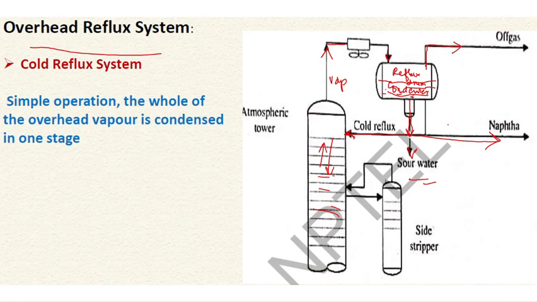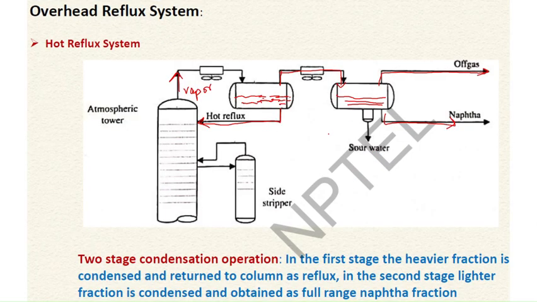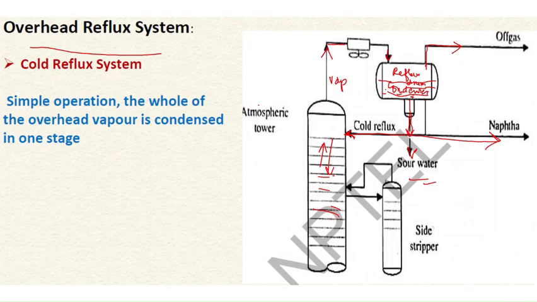So the difference here and here is simply that two condensers are used here, and secondly the hot reflux. Why are we calling it hot reflux? Since partial cooling takes place, lesser cooling is done here. Here we have cooled it to a much lower temperature, so the whole overhead vapor gets condensed here.